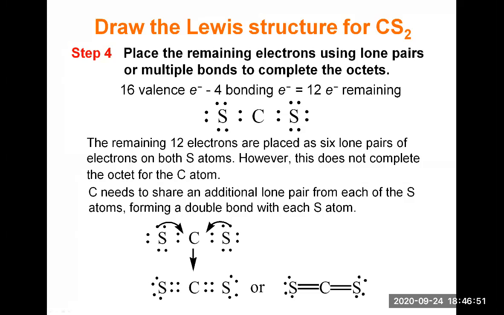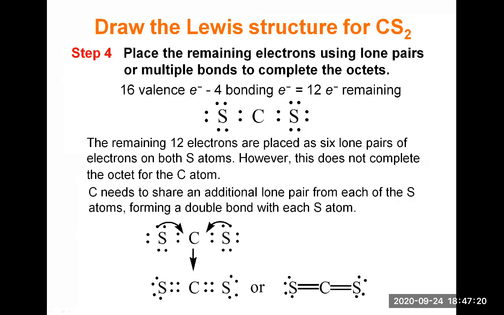And the sulfurs, they still have their octet because they have 4 electrons shared with carbon, plus 4 electrons from the 2 lone pairs. So each sulfur also has an octet. So we have octets for all 3 atoms here. And let's check finally that the total number of valence electrons is the 16 we had at the beginning.